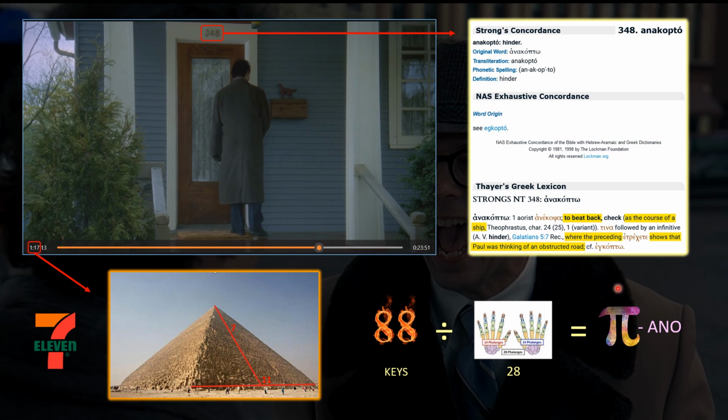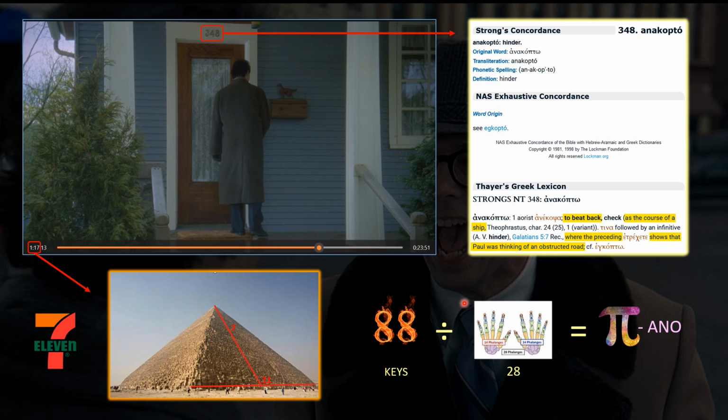Not only is the word piano, but a piano has 88 keys on it, and we play our piano with our 2 hands, and there's 28 finger bones in our 2 hands, 14 in each hand, 14 phalanges, giving us a total of 28, and 88 divided by 28 gives us pi, or piano.